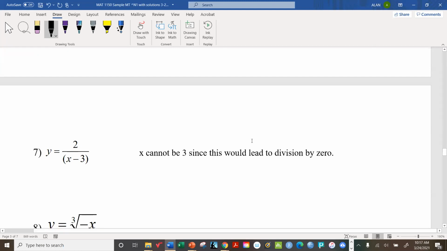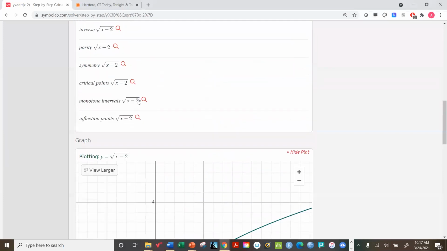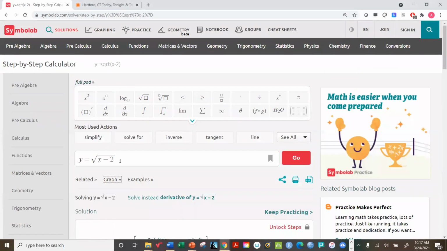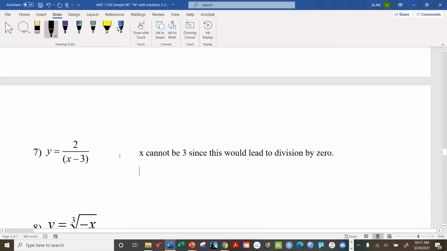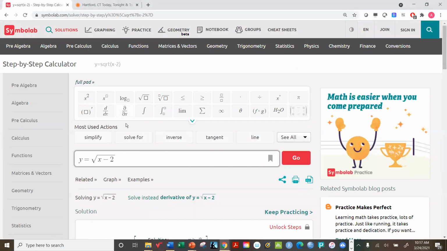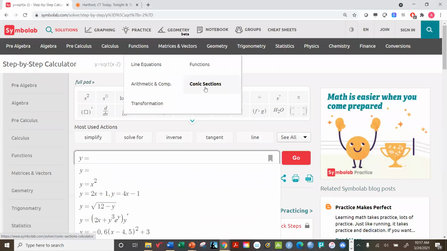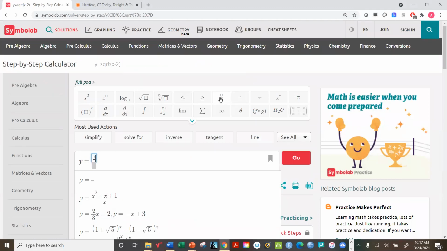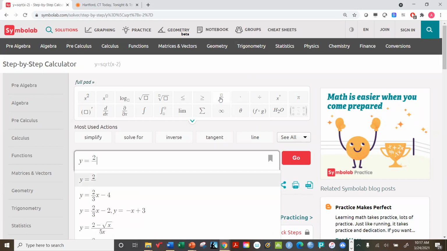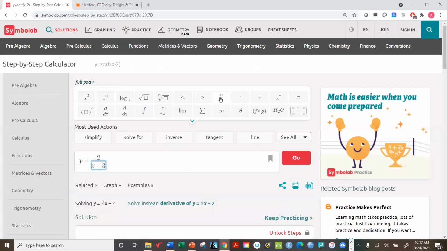So why don't we go to Symbolab and just graph it, 2 over x minus 3. Just to see what it looks like, so we can try to figure out what is going on with the range.